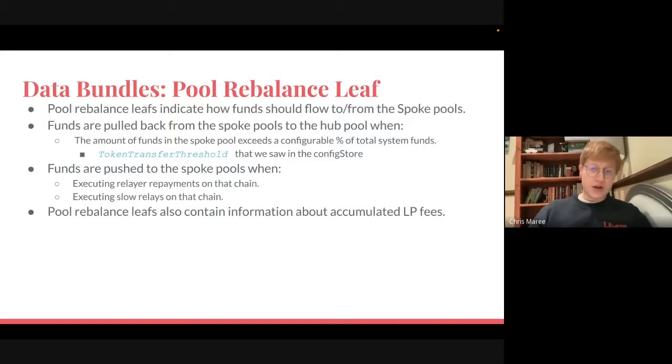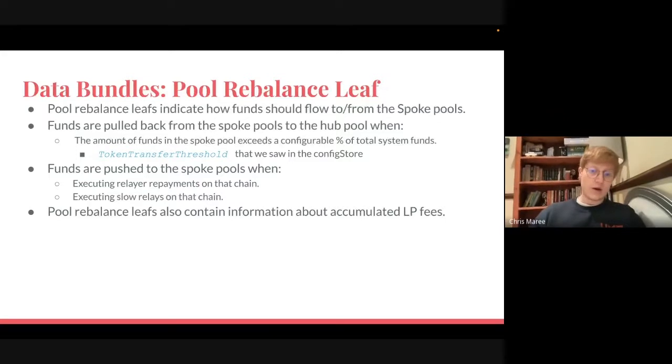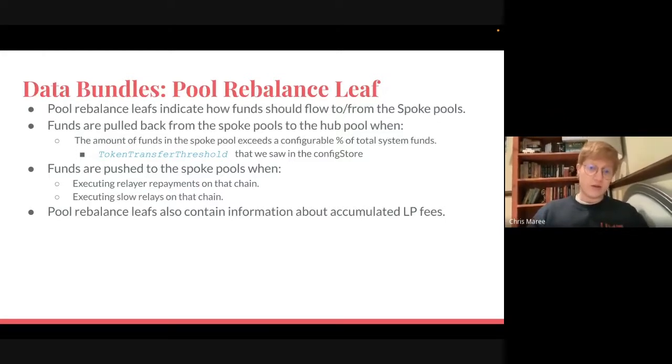So relaying from Optimism to Arbitrum, the person who fills the relay on Arbitrum could say, hey, I want to be refunded on Arbitrum, right? Which is where they spent their money. That might make sense. But maybe they want to be refunded on Boba, because they want to rebalance their inventory. Or maybe they want to be refunded on Ethereum layer 1 because they want to concentrate their liquidity on layer 1 and then distribute it when they need it. So there's a lot of flexibility for the relayers in this regard.